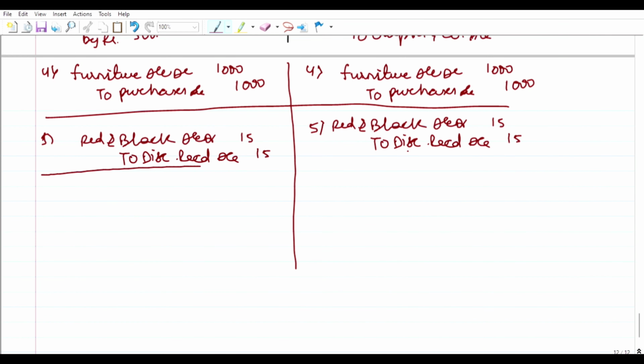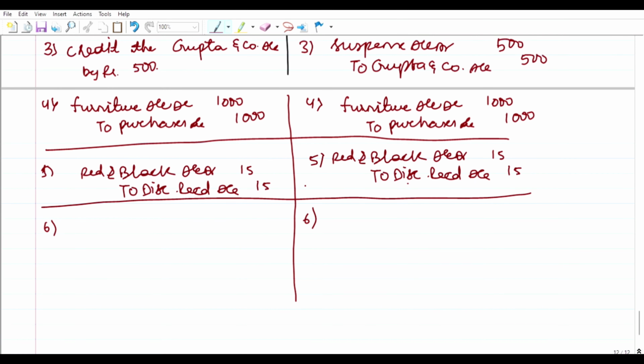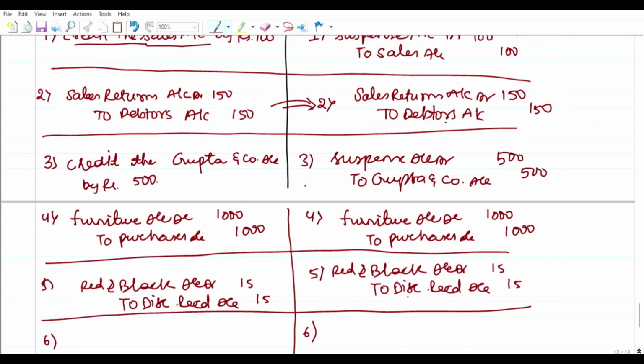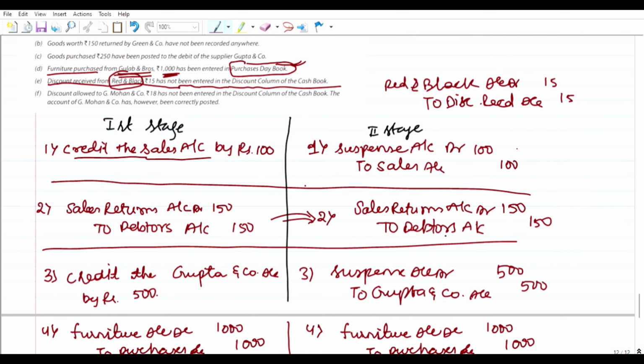But of course, due to two-sided errors, the trial balance will tally, because on both sides the entry is not added. The entry is not at all recorded actually.